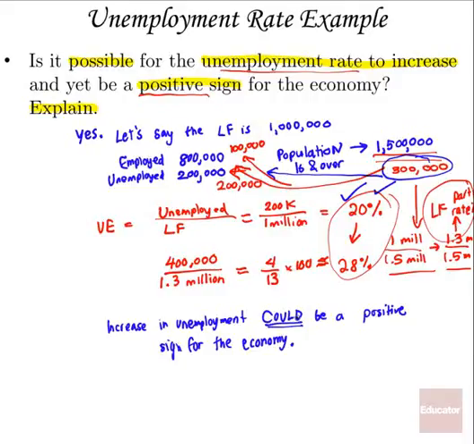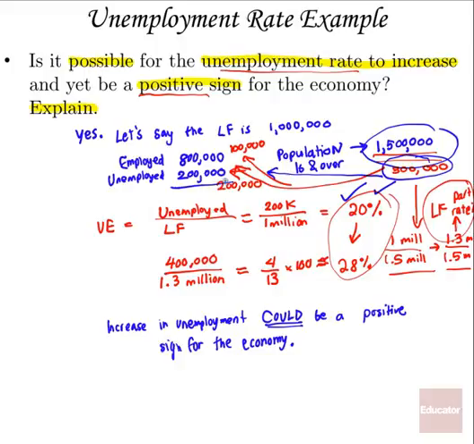I know that's a terrible thing to do in real life, but if my goal is to lower the unemployment rate, then I will succeed, because what ends up happening, and hopefully you've figured it out by now, is that the labor force diminishes.